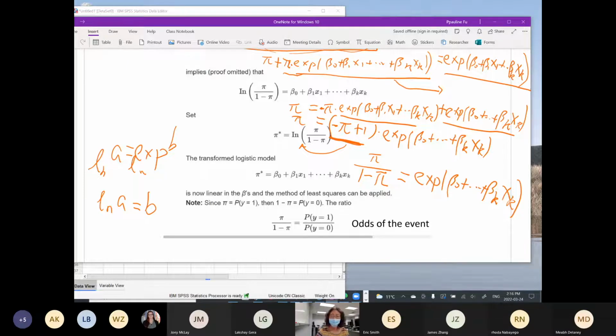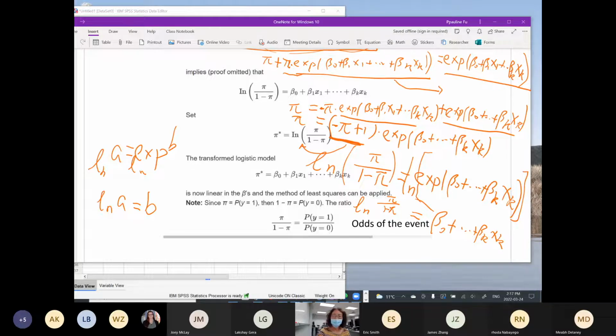So here, I take the log function on both sides. On the left-hand side, I have log of pi over 1 minus pi. On the right-hand side, log and exp cancel out, so I just have beta 0 plus ... plus beta k xk.